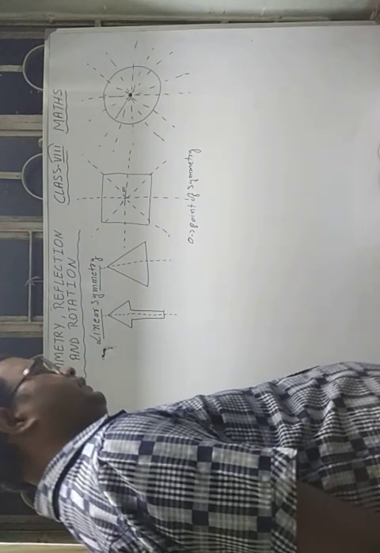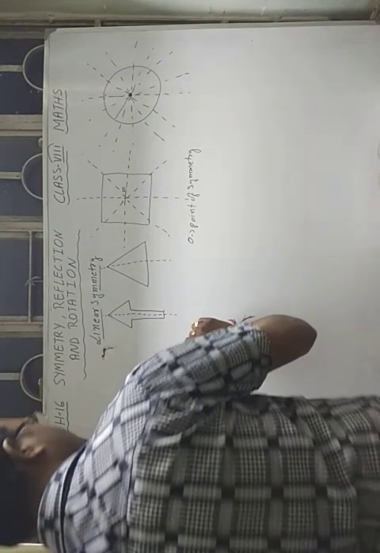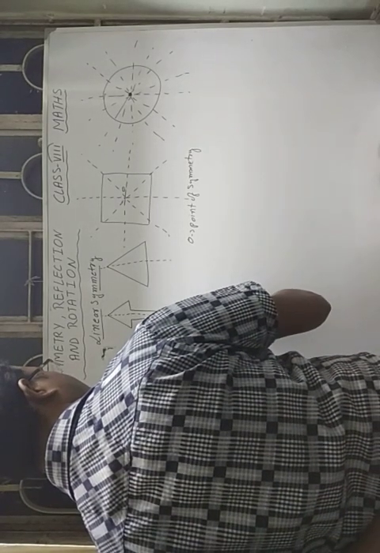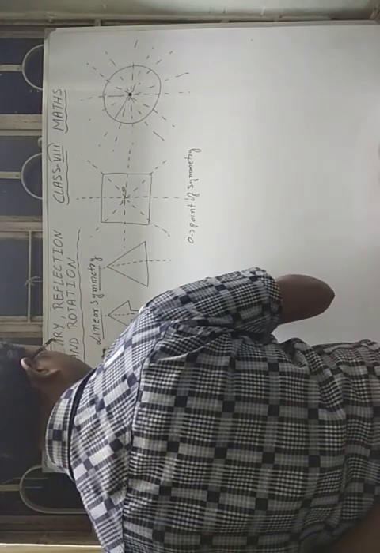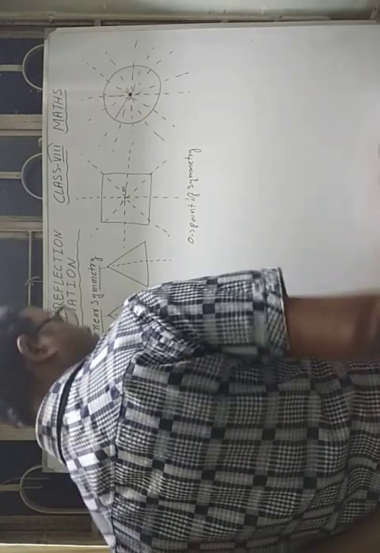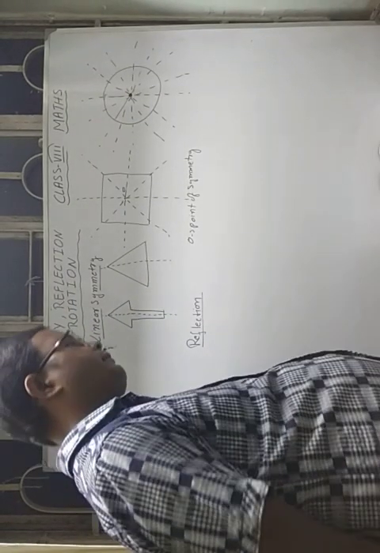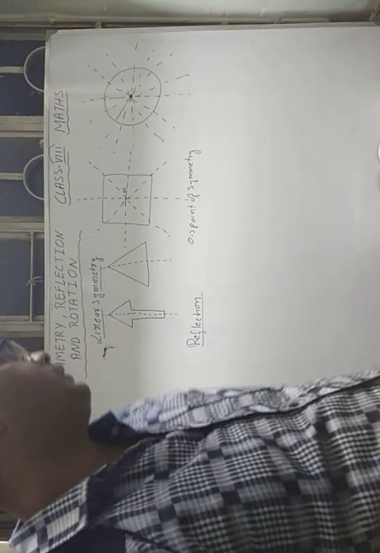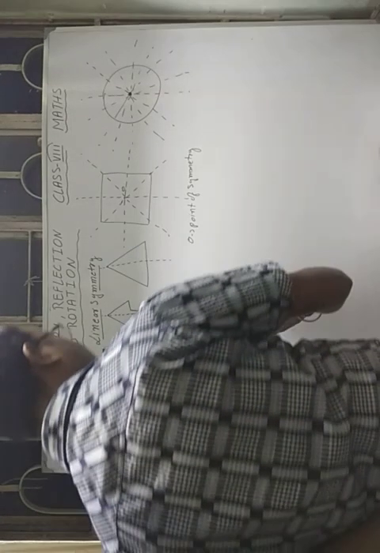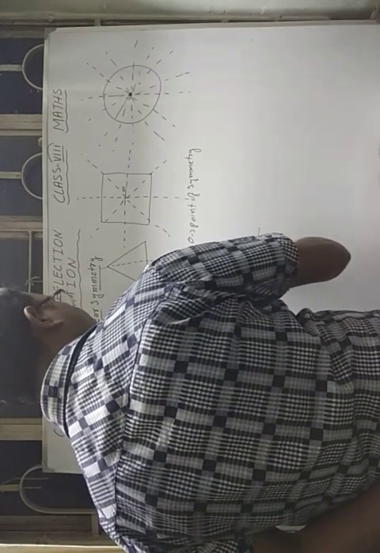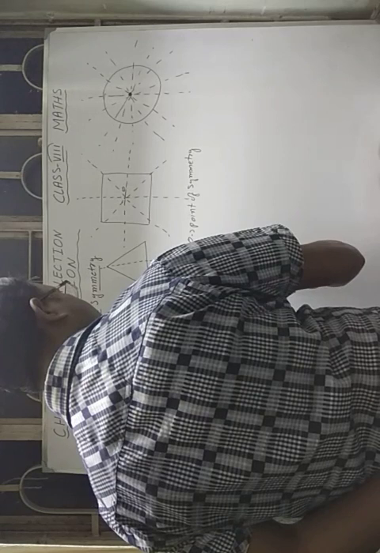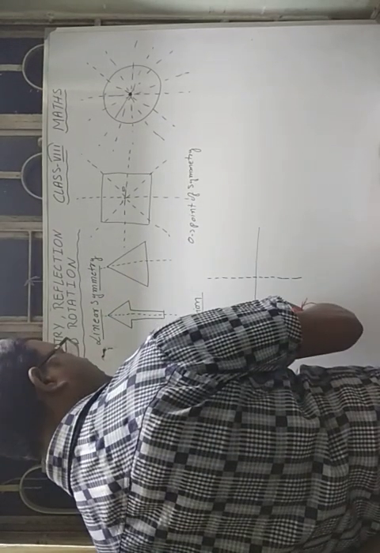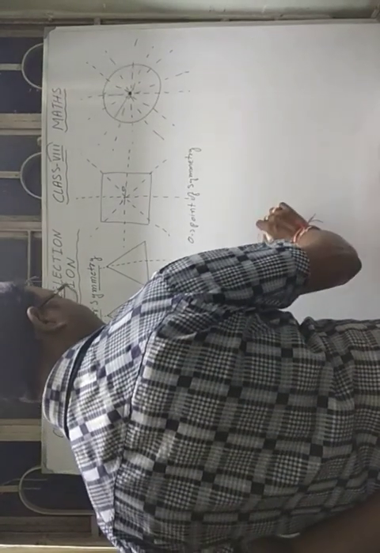Next point is reflection. You know what is reflection? By definition, when you stand in front of a mirror, your image is formed in the mirror. That is called a reflected figure. Suppose you take a line and draw a perpendicular bisector of this line. Half of this line, suppose it is AOB.